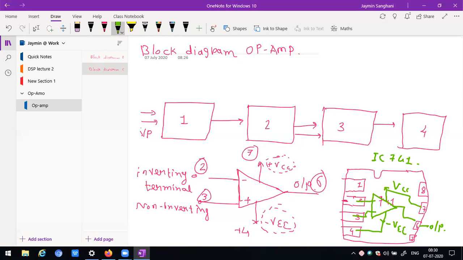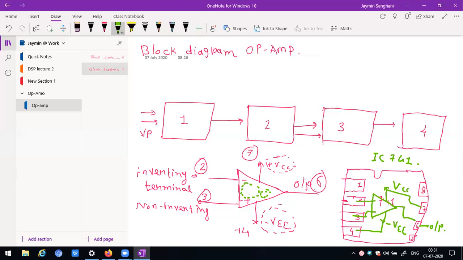So inside this particular op-amp, see this, my highlighter. Inside operational amplifier there are 4 blocks: this is the first block, second block, third block, fourth block.